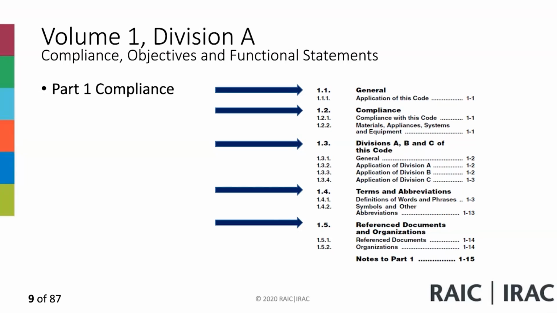So you will pick up on a defined term as it is in the code. Defined terms are followed by abbreviations on page 113. After that, in 1.5, you will see all the reference documents and organizations.